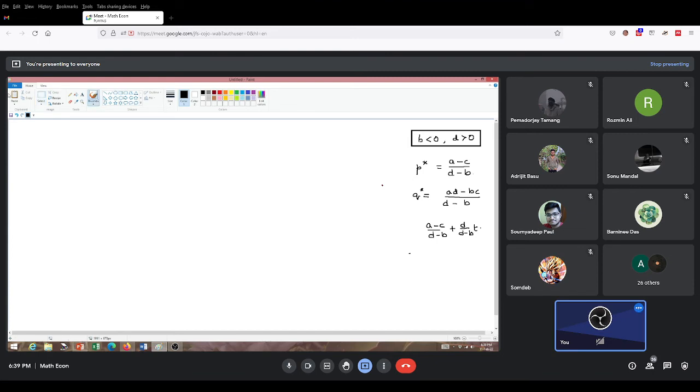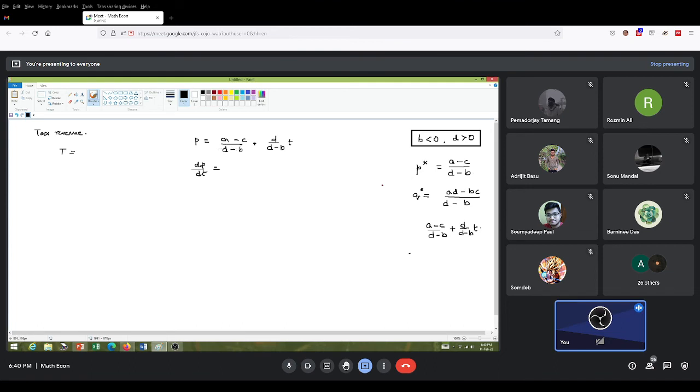Now we come to the issue of the tax revenue. Before that, if we just look at the price, it is A minus C over D minus B. What is dP by dt?